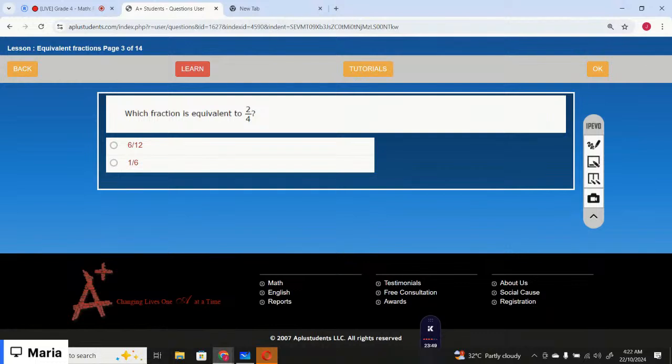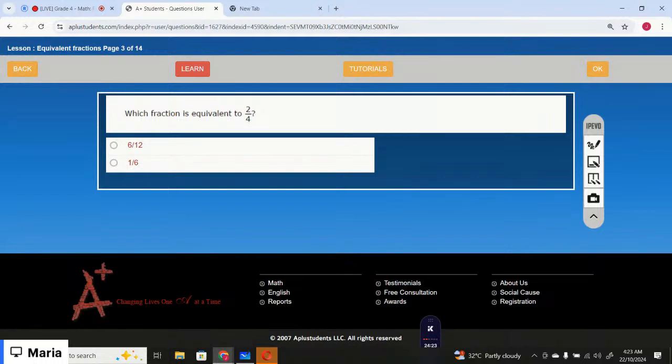Okay, which fraction is equivalent to 2 by 4? So which is the correct option? The correct option is 6 over 12.